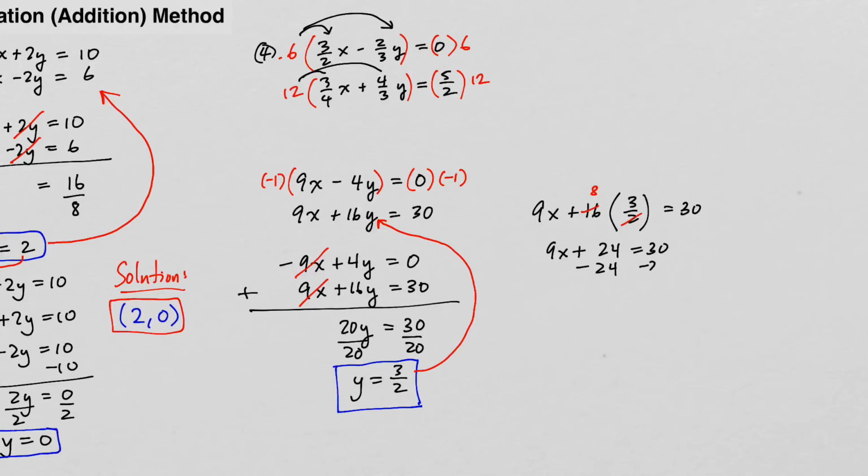Subtract 24 from both sides, and divide by 9 on both sides. And we get x equals 6 over 9, which reduces to 2/3.